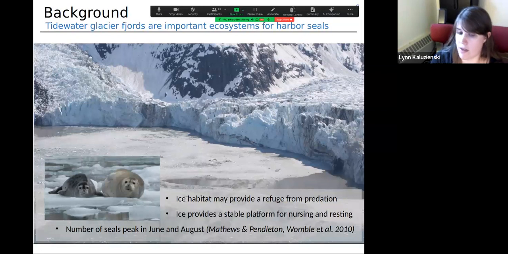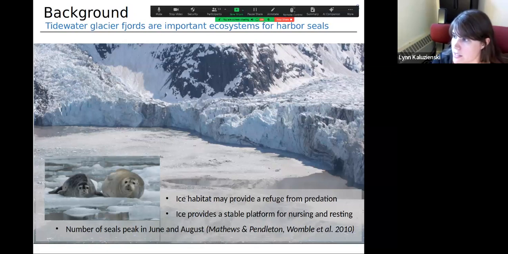In June is the nursing season, and around August is their molting season. These fjords also are thought to prevent predation, for example, from orcas. Things like the high noise levels and turbidity of fjords might make it hard for them to hunt in that area.